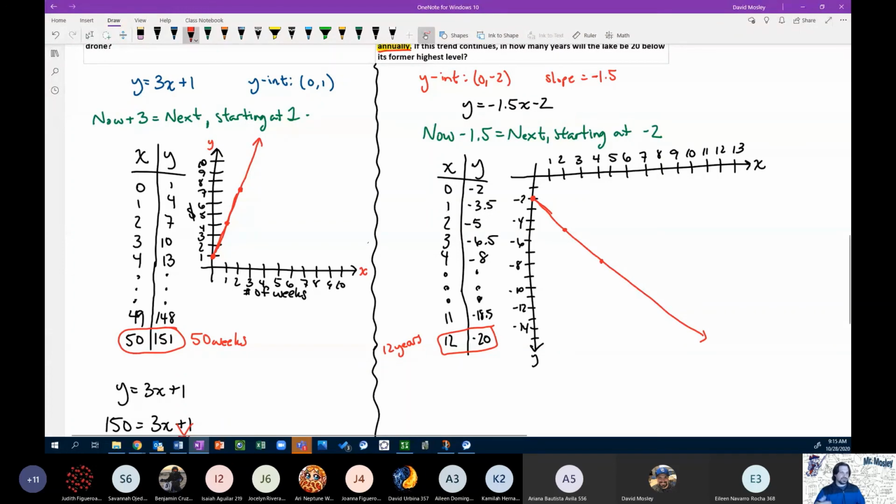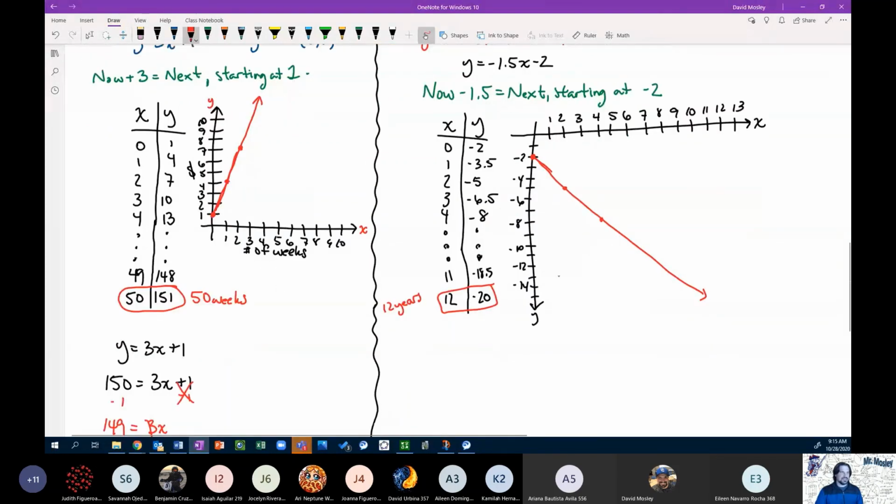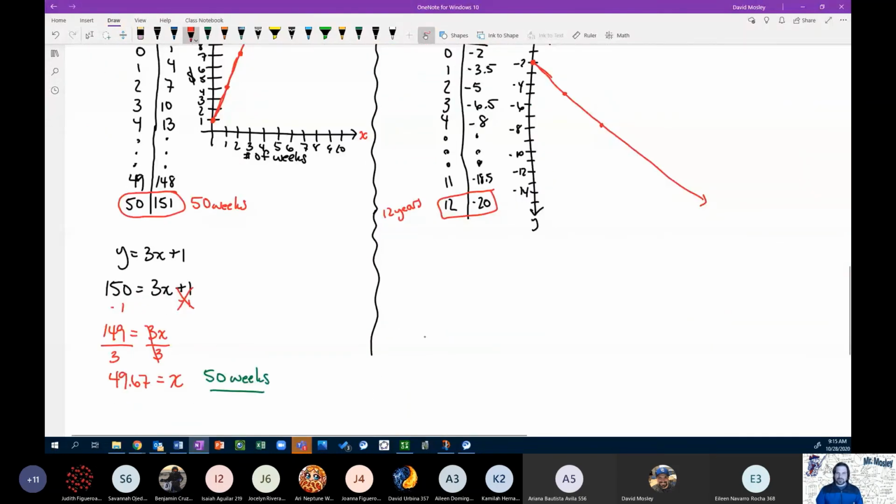And we can also use the same kind of method as we did in the other problem, where we can solve this algebraically by setting y equal to -20. Started at -2.